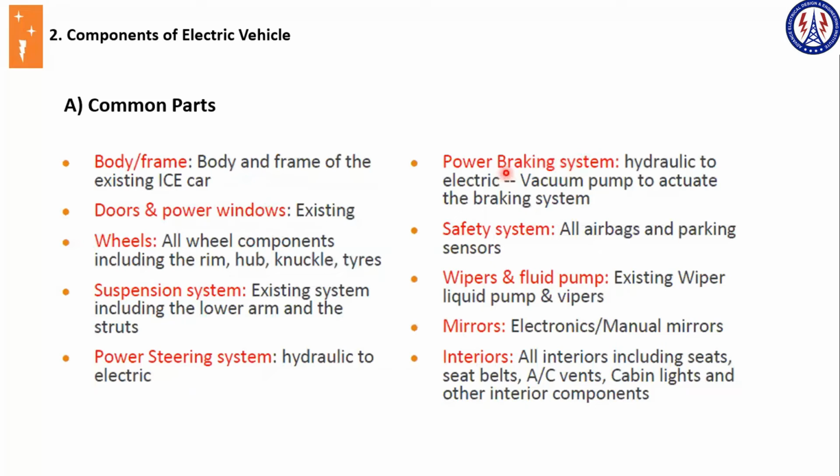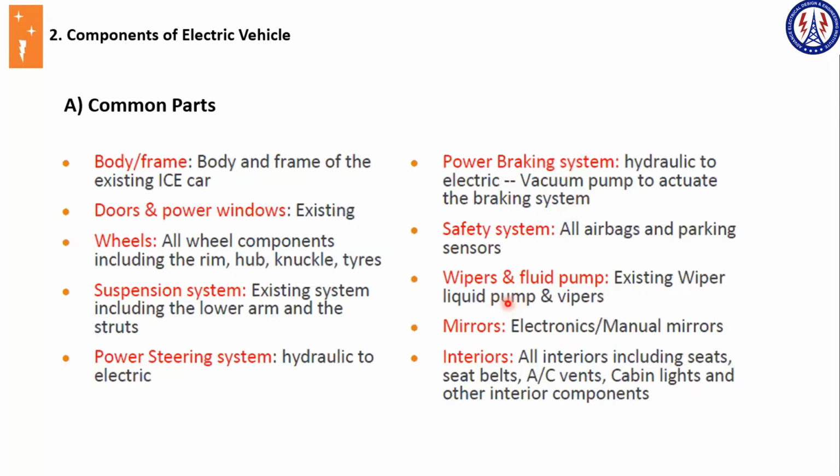Even if you use the same technology, the performance might be lagging, but it will work. Then the power braking system, obviously needed because it's the braking system of the vehicle, right? Then the safety system, again a common part.